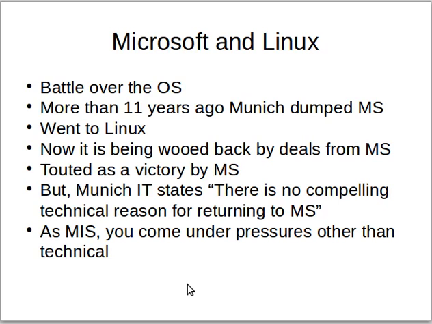And the whole city of Munich, which is the capital of Bavaria there in Germany, would go to Linux. I mean, they could have picked any one of the different varieties of Linux, such as Ubuntu. They could have picked Mint. They could have picked Red Hat. They could have picked any one of them, a multitude of Linux versions.